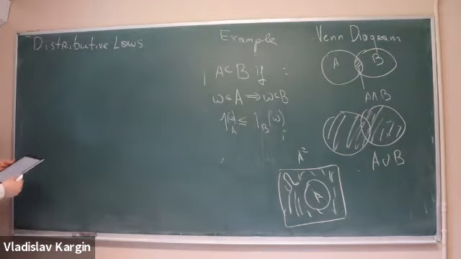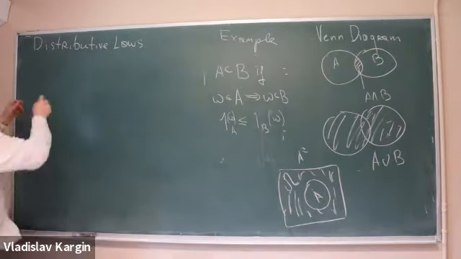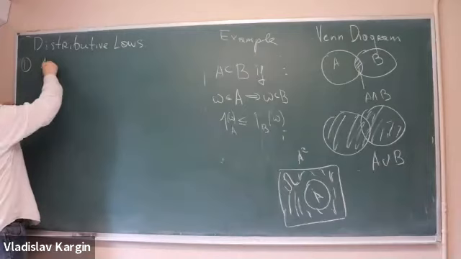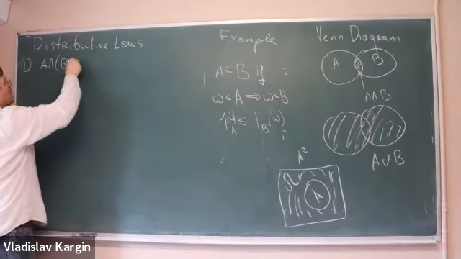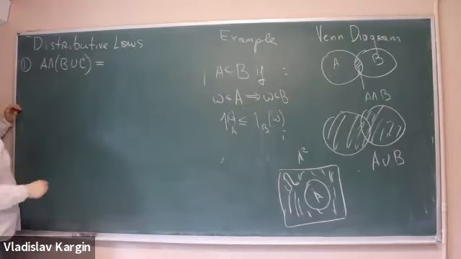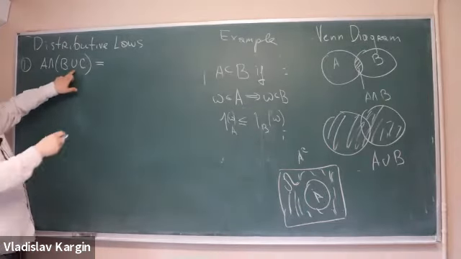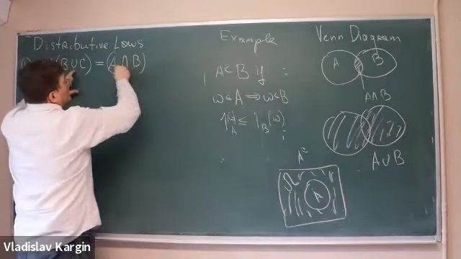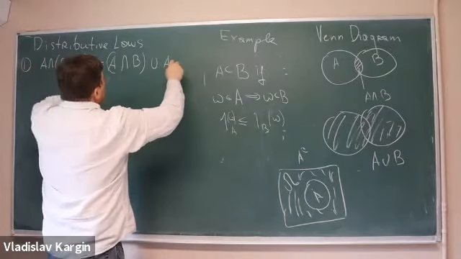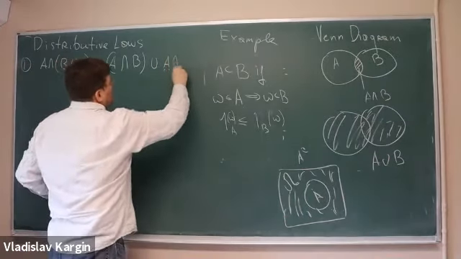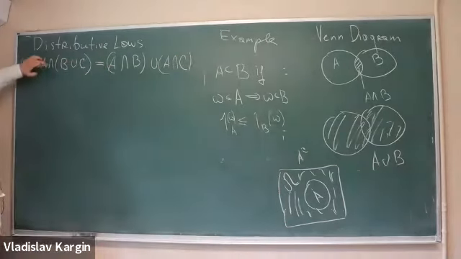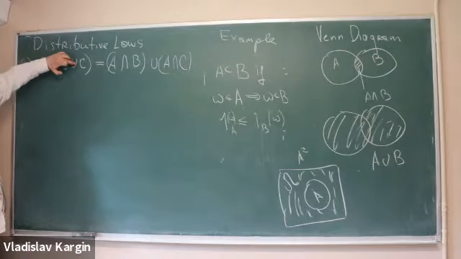So A, B, and C. There are two distributive laws. A intersect the union of B and C is equal to A intersect B, union A intersect C. You think of this intersection as multiplication and the union as addition. So this would be the regular distributive law.